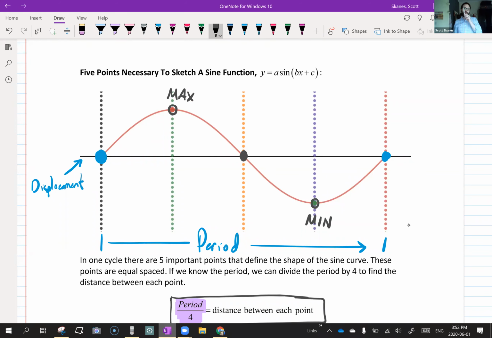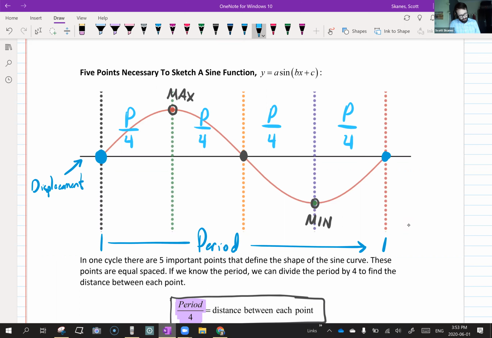How do we know where each point is? Well, it's actually very simple. If we know the starting point and we know the period, we just divide the period into 4 pieces. This whole period divided into 4 will be period over 4, period over 4, period over 4, period over 4.